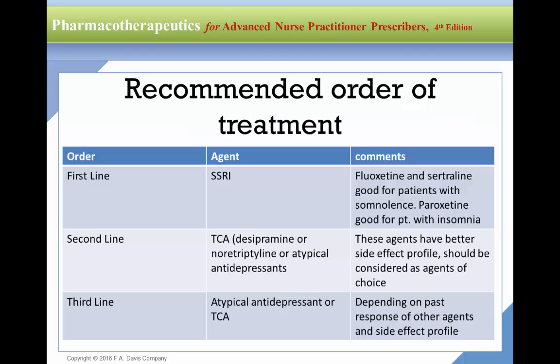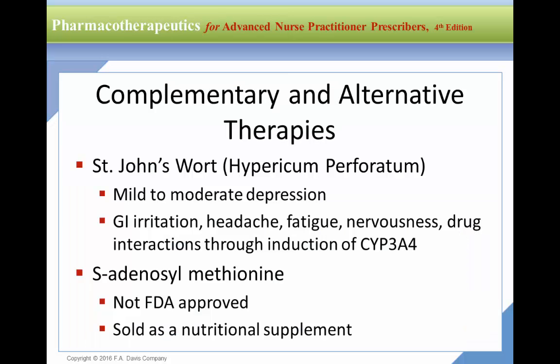Now, what's the recommended treatment for depression? The first line treatment would always be your SSRIs, and those would be your prototypes, which are fluoxetine and sertraline. Second line, tricyclics, and third line, atypical antidepressants. If you look here, the MAO inhibitors are never mentioned.